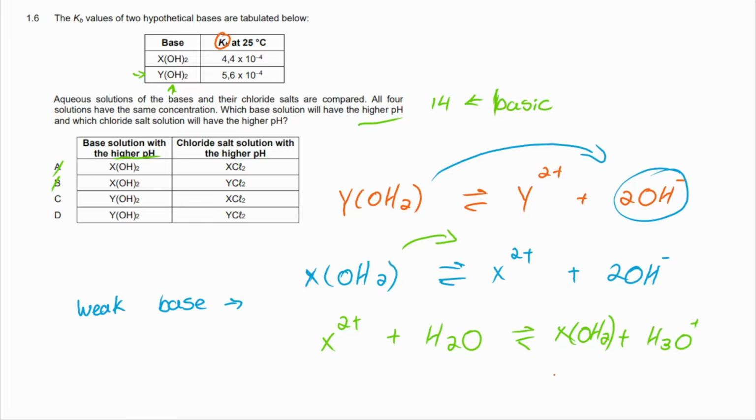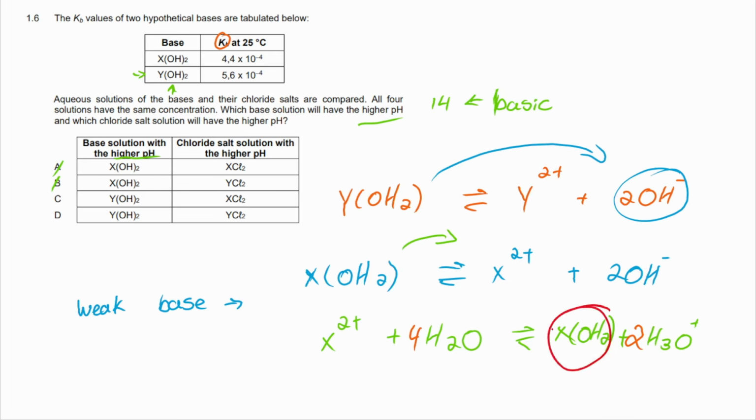This is not balanced, so to balance it, we'll put a 2 here. And then in terms of hydrogen, that's 6, and we've got an 8 there, so this should be a 4. And our oxygens should be balanced, and they are now. The main point was not the balancing.